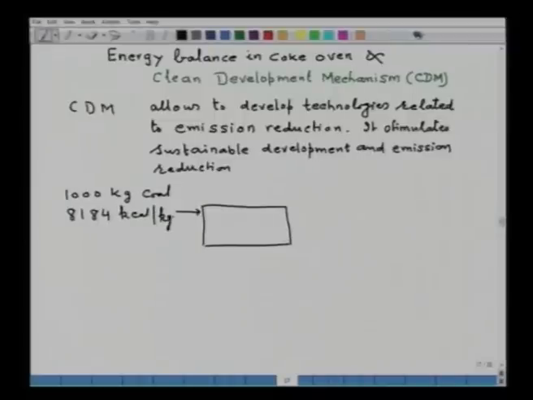That is what we have seen. Now, here coke is produced of 724 kg, and its calorific value was 7481 kilocalorie per kg.